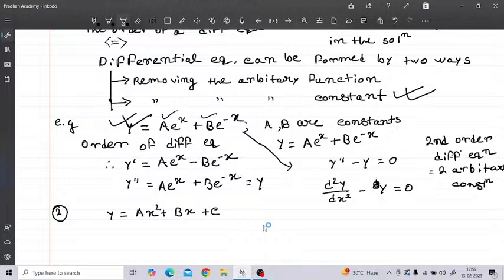Now you can see that here three arbitrary constants are there. So what is the order of this differential equation? That is also 3. Now let's see if it's true or not.